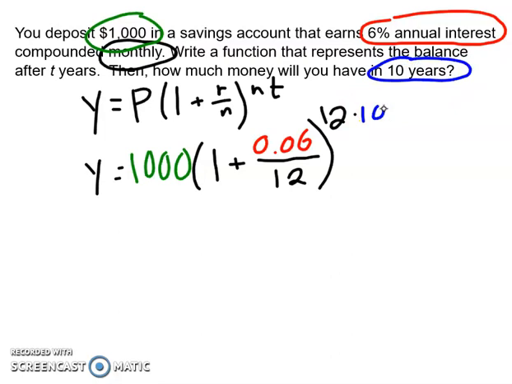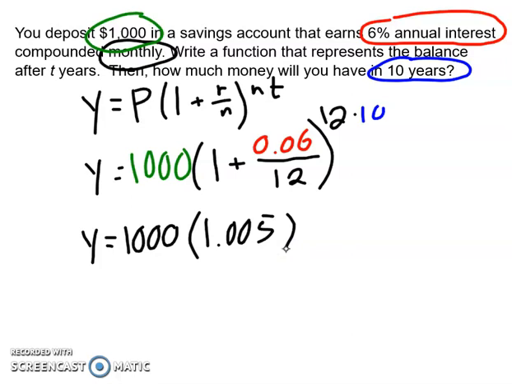So now we plug it into our calculator and let's see what we get. 1 plus 0.06 divided by 12, we get 1.005, raised to the 12 times 10, which is 120.